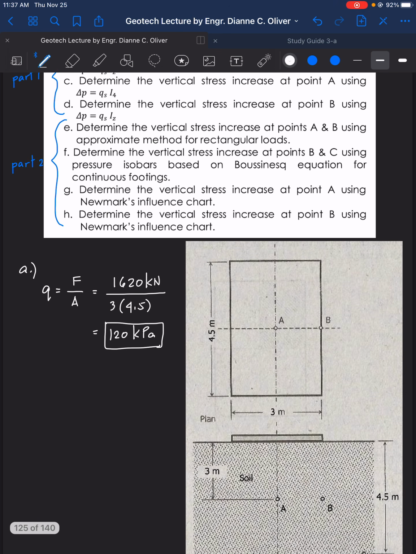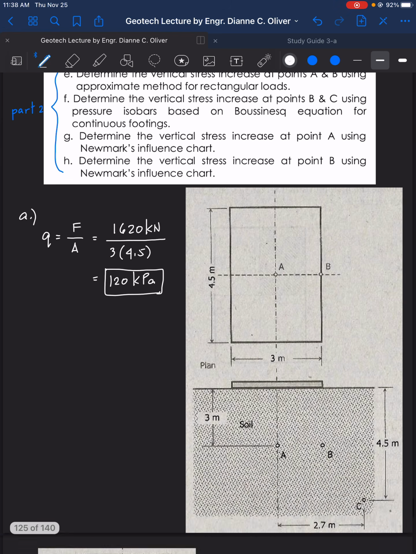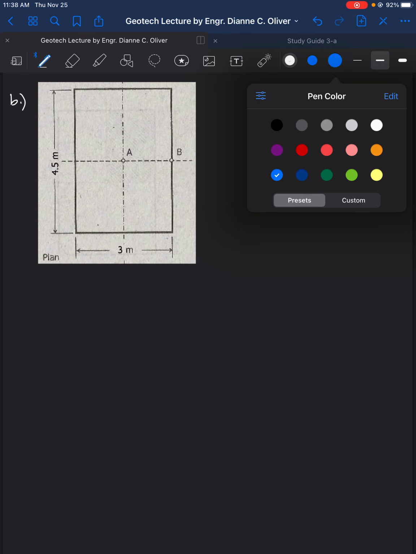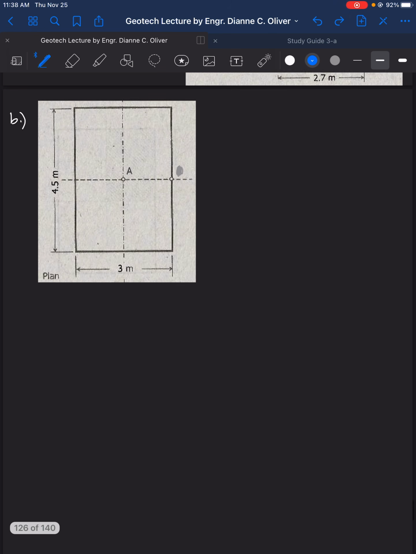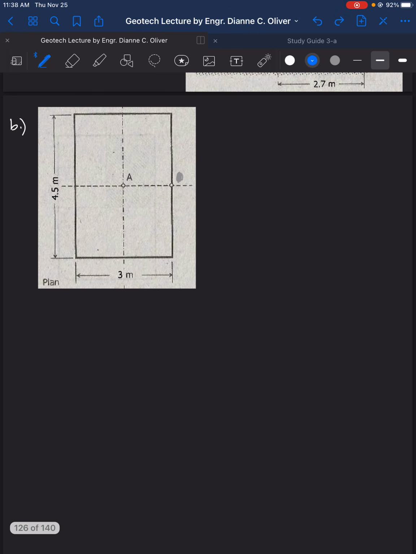So we have here point A. We are solving for point A only, meaning we are not going to concentrate on point B. So let's remove point B here and concentrate on point A. Divide it into 4 rectangles. What can you notice when we divided it into 4 rectangles?